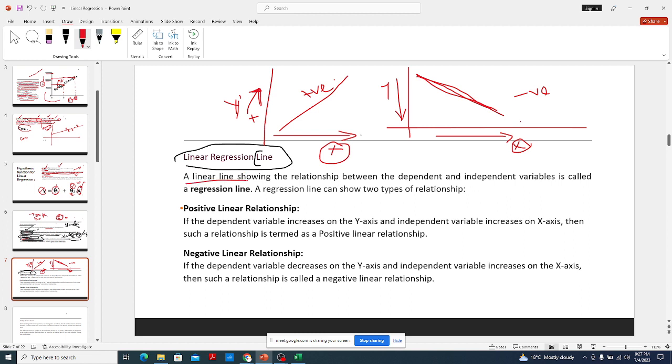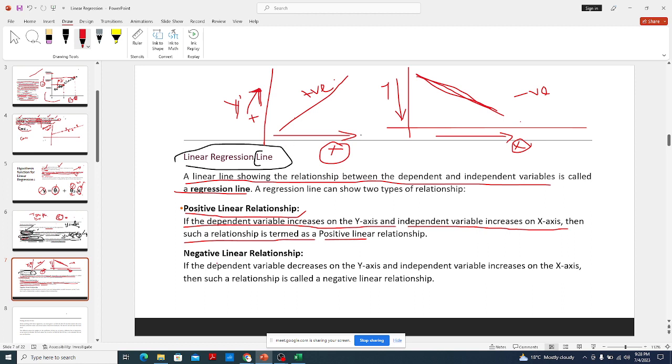So a linear line showing the relationship between the dependent variable and the independent variable is called a regression line, which is this one. We have two types of this relationship. Positive linear regression: if the dependent variable increases on the y-axis and the independent variable increases on the x-axis, then such a relationship is termed a positive linear relationship. Why? As x is increasing, y is also increasing.